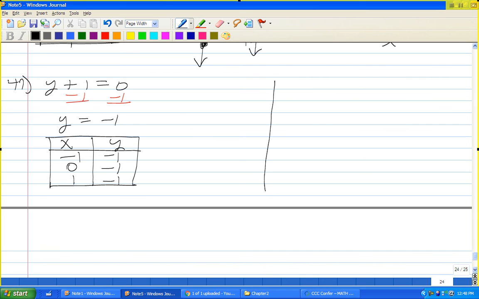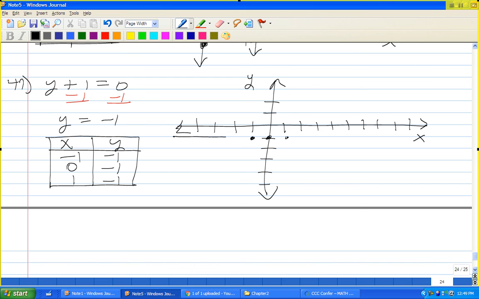So let's sketch the graph. At -1, we're at -1. At 0, we're at -1. At 1, we're at -1. So it's always just this line. This is the graph of y plus 1 equaling 0.